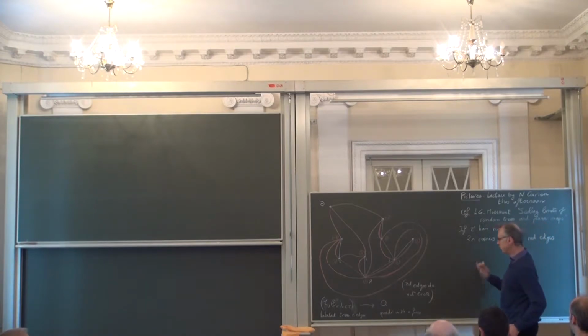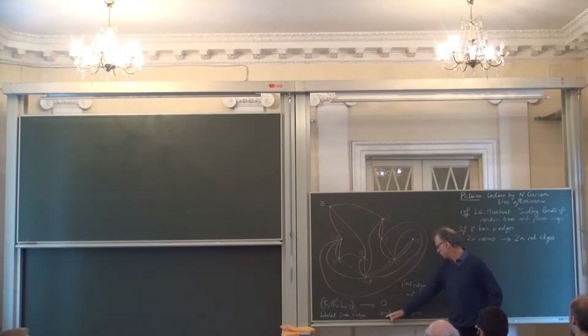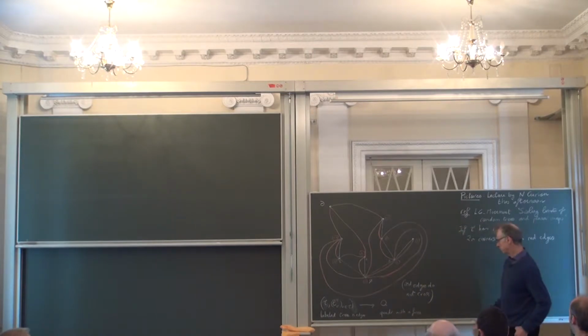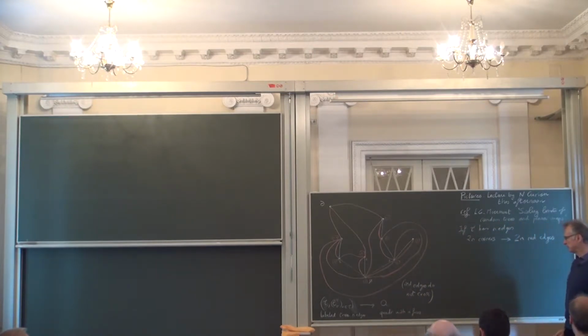This is normal, because if I want to obtain a quadrangulation with n faces, we saw yesterday as a consequence of Euler's formula that it must have 2n edges.